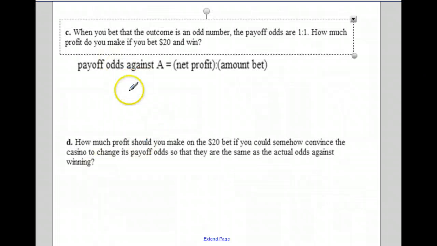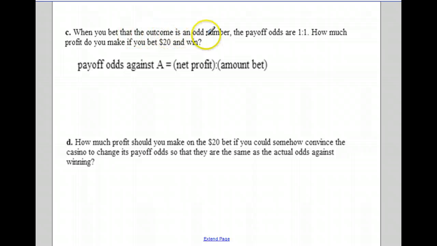Alright, the third part of this says when you make a bet on this game that you get an odd, your payoff odds are 1 to 1. So if you make a $20 bet and you win, they want to know how much profit do you make. Well, profit odds, if it's 1 to 1, that's net profit to the amount of your bet.